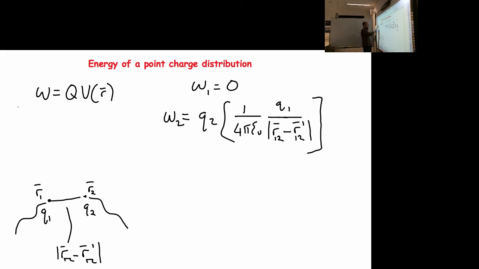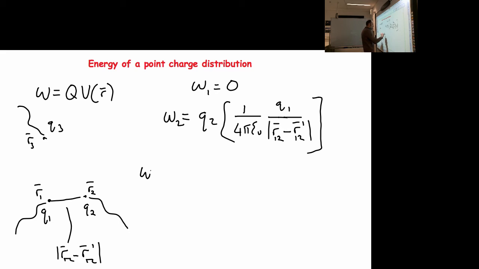Now let's take in another point charge. We've got some other point charge, which is going to be Q3. We're going to put it at some position given by R3. Now how much work will be done on Q3 in bringing it from far away and up close to where Q1 and Q2 are? Well, what we're going to have now is a contribution from both the potential due to Q1 and the potential due to Q2.